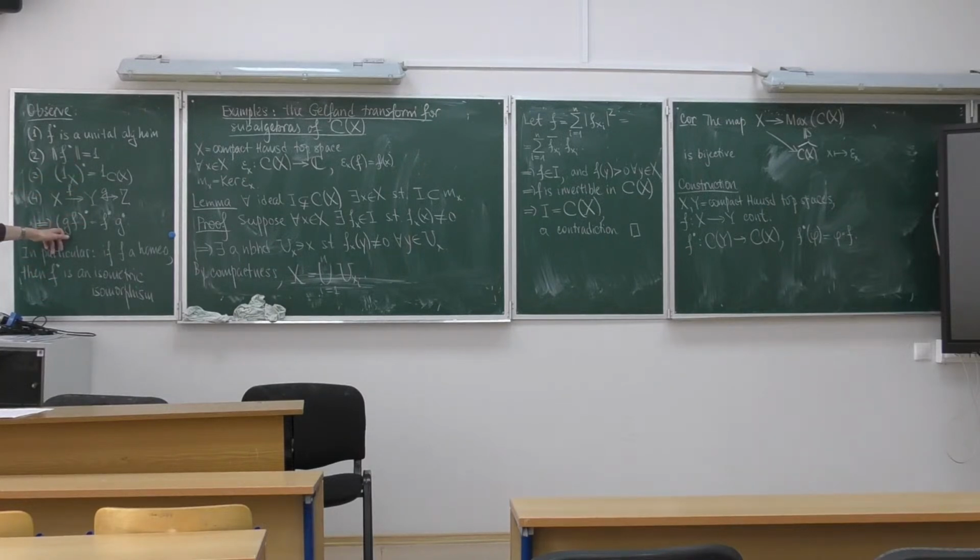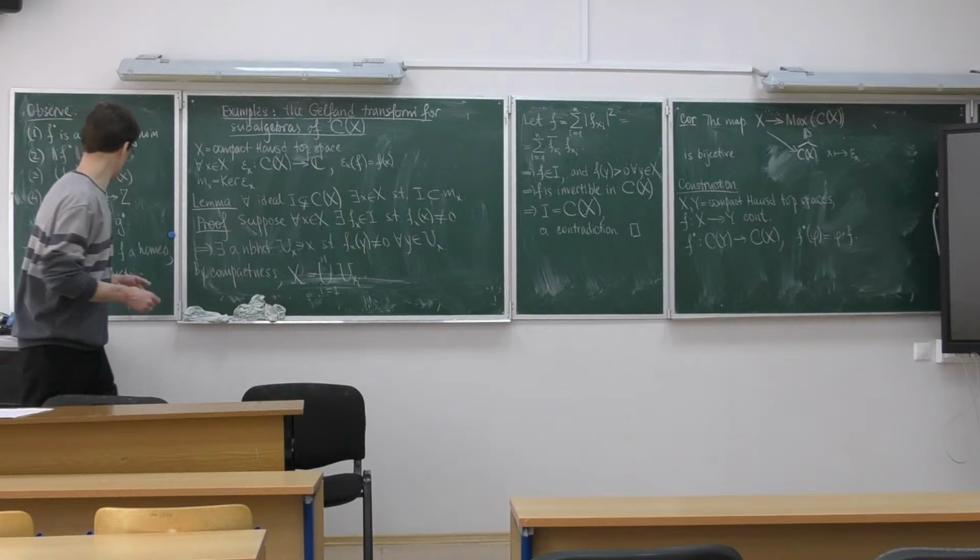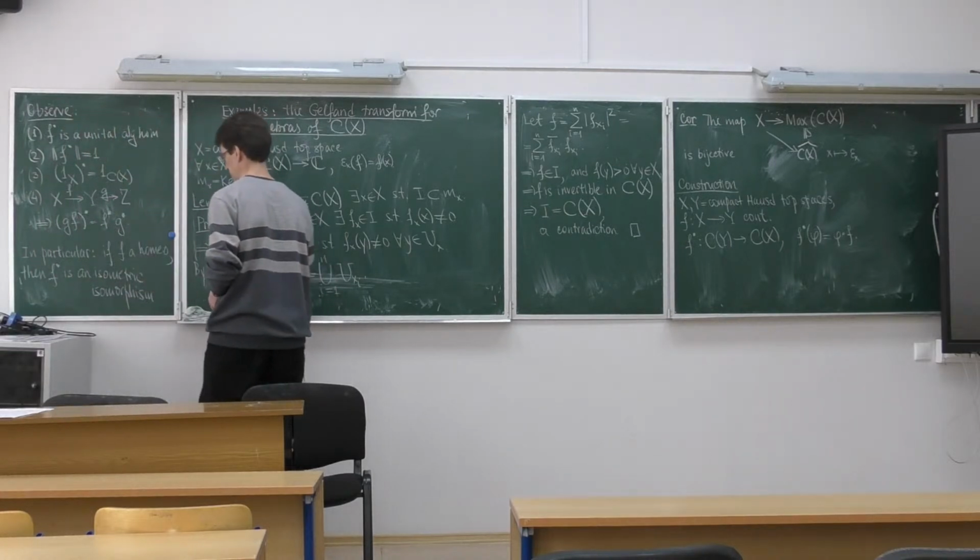If G is inverse to F, then G dot is inverse to F dot. And it is isometric because F dot is contractive. It doesn't increase the norm. And the same is true for the inverse. But a linear map between normed spaces is an isometry if and only if this map is bijective and both this map and the inverse map are contractions. So this means that F dot is an isometric isomorphism.